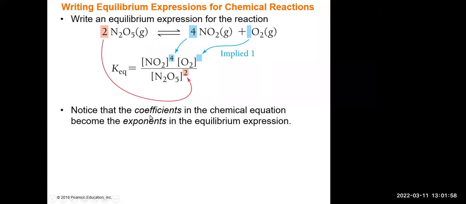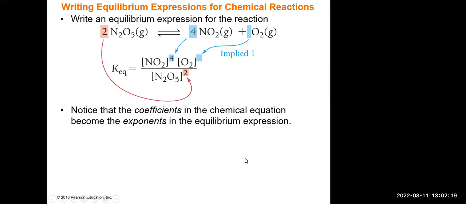So notice that the coefficient in the balanced chemical equation becomes the exponent. Here the highlighted red 2 is from the coefficient becoming the exponent, and this 4 is the coefficient becoming the exponent for NO2.